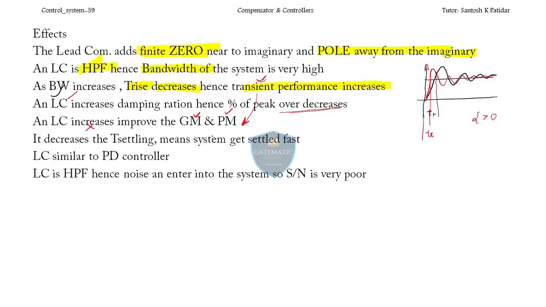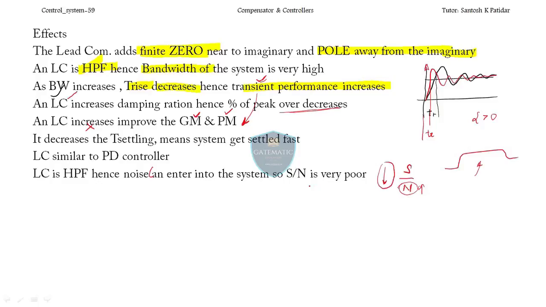The lead compensator is an HPF, hence noise can enter into the system, so the signal to noise ratio is very poor. Your bandwidth is very high, so noise can enter. So noise is very high, which means the signal to noise ratio will be very low.